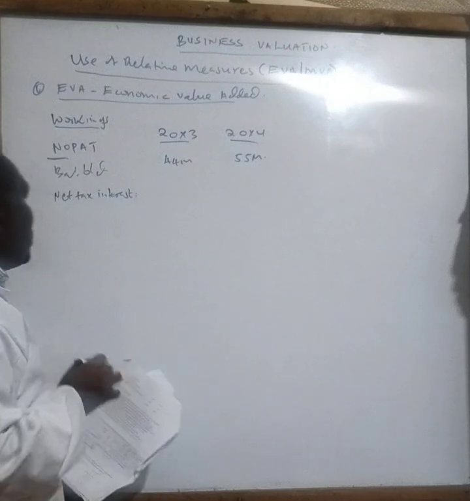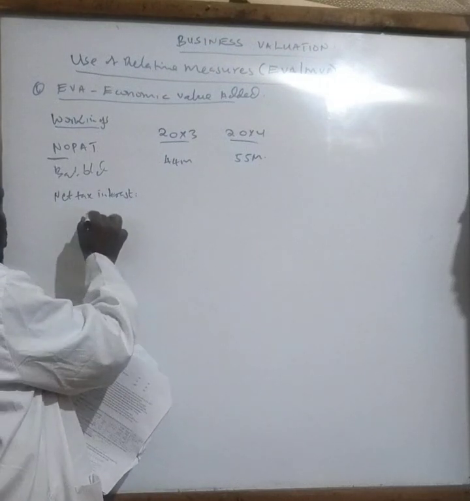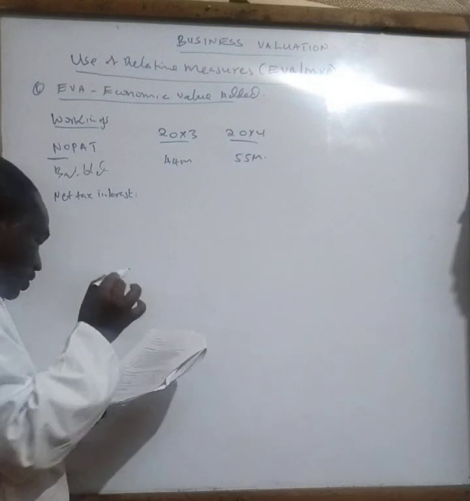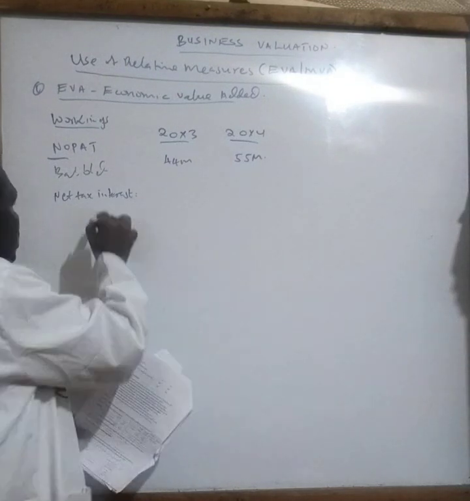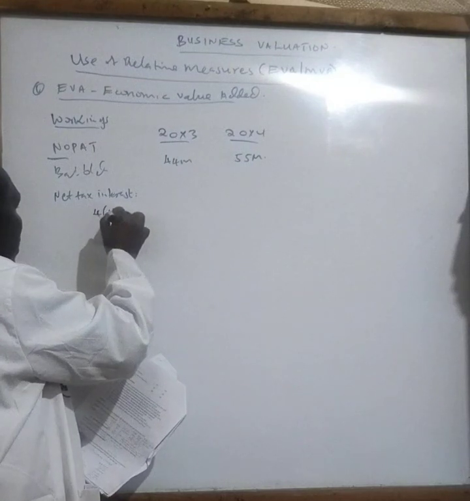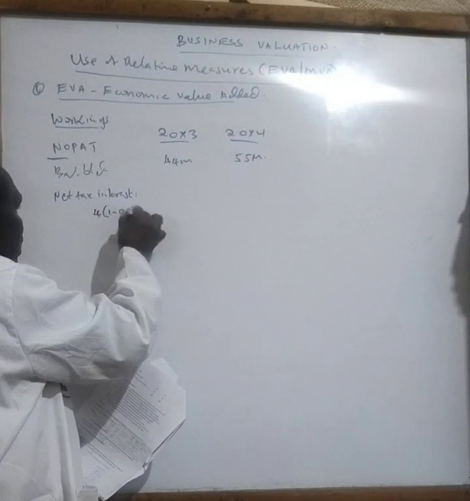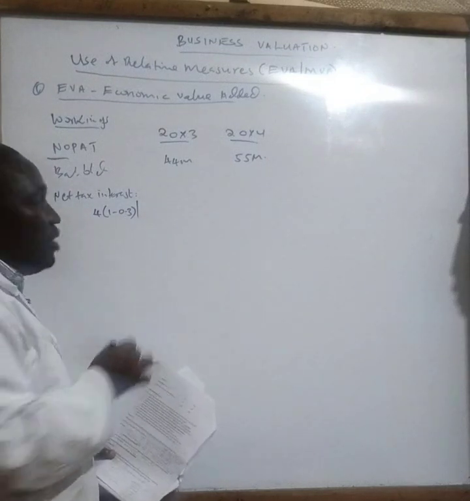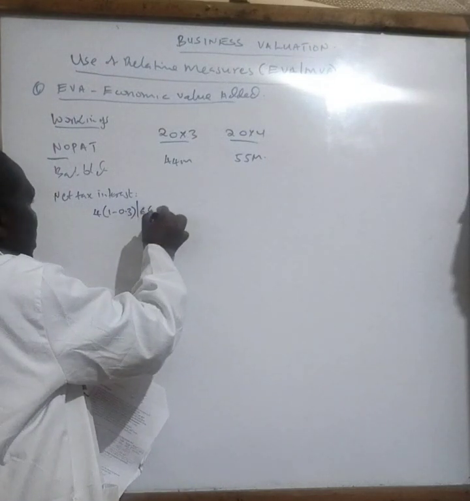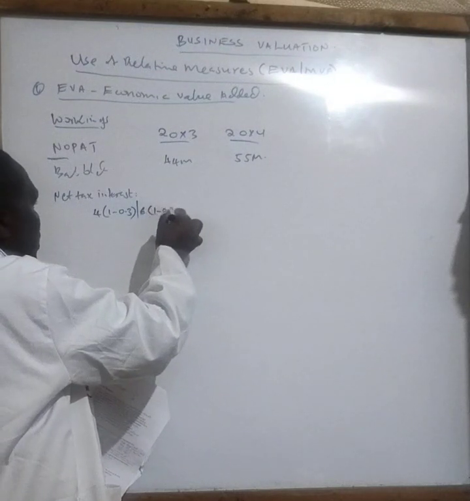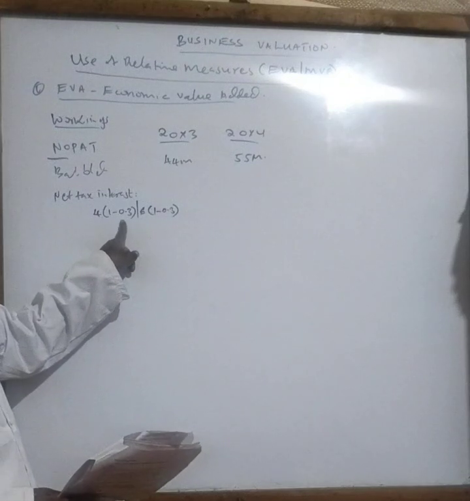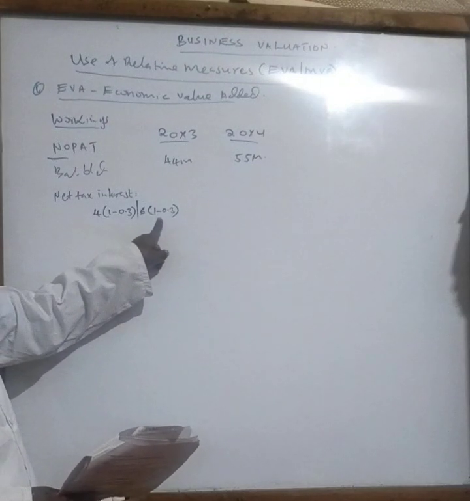For the net tax interest, you take the loan interest, which for 20x3 was given as 4 million, and multiply by 1 minus tax, which is 1 minus 0.3, that is 0.7. For 20x4 it was 6 million, also multiplied by 0.7.